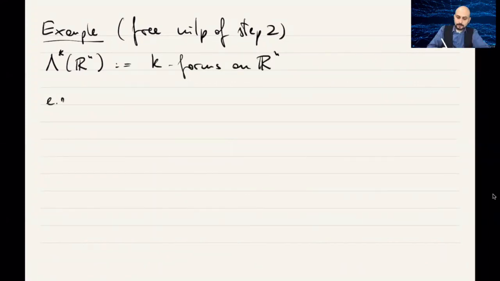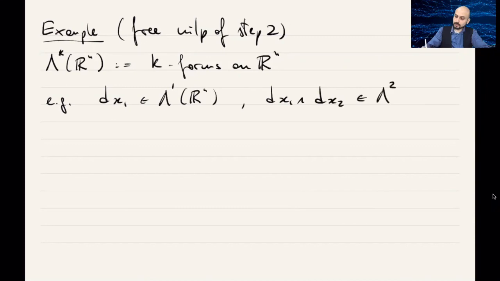For example, dx1 is a 1-form on Rn, and dx1 wedge dx2 is a 2-form on Rn, where here I'm using x1, x2, and so on, the coordinates of Rn.